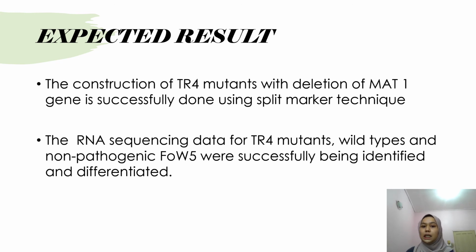We want to see the difference between these three types: TR4 mutants, wild types, and the non-pathogenic. So there will be a difference between them, and we can conclude from that which kind of genes the MAT gene is related to.